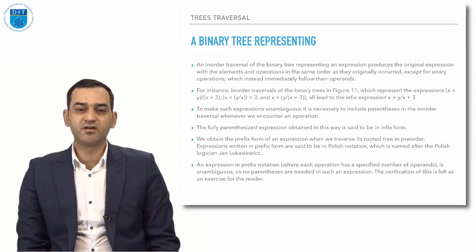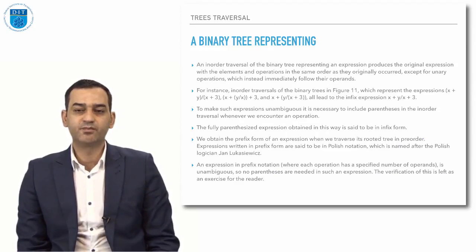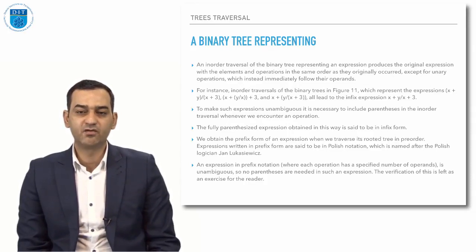An in-order traversal of the binary tree representing an expression produces the original expression, with the elements and operations in the same order as they originally occurred, except for unary operations, which instead immediately follow their operands.